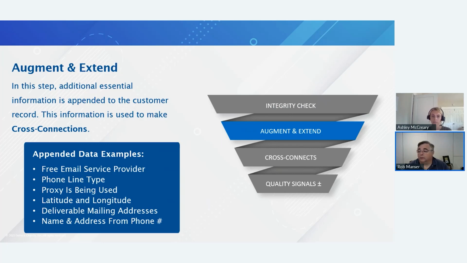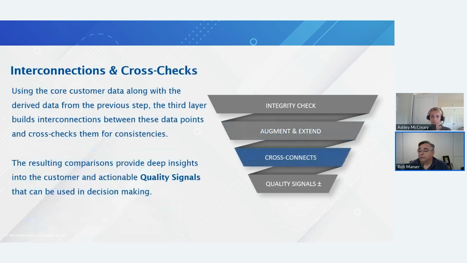So all of these data points that we derive are then used in the cross connections, and that's really what I was talking about here. We're going to use those data points and start to look for interconnections or cross connections between them. Like I said, maybe the IP address and the mailing address regionally are in sync or out of sync. That might be a simple one to think about. Or maybe the phone number that they provided doesn't match up with the mailing address that they provided.